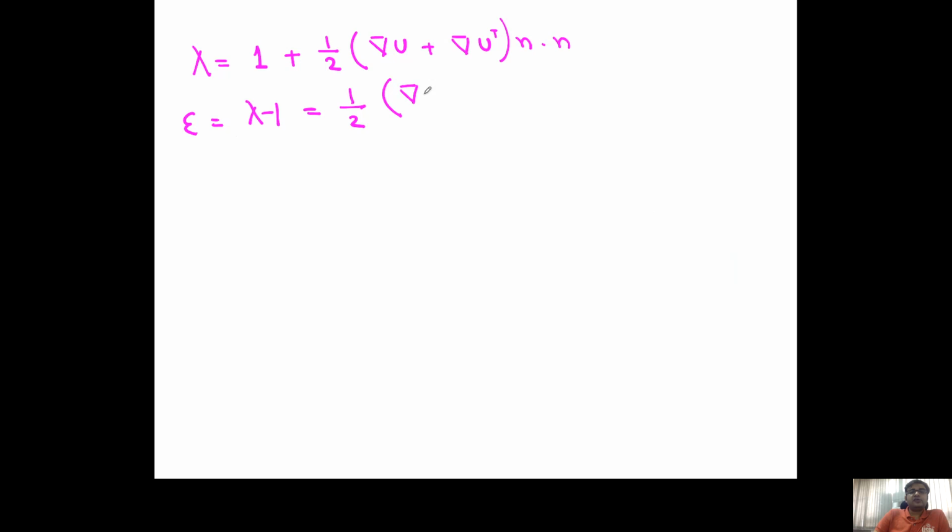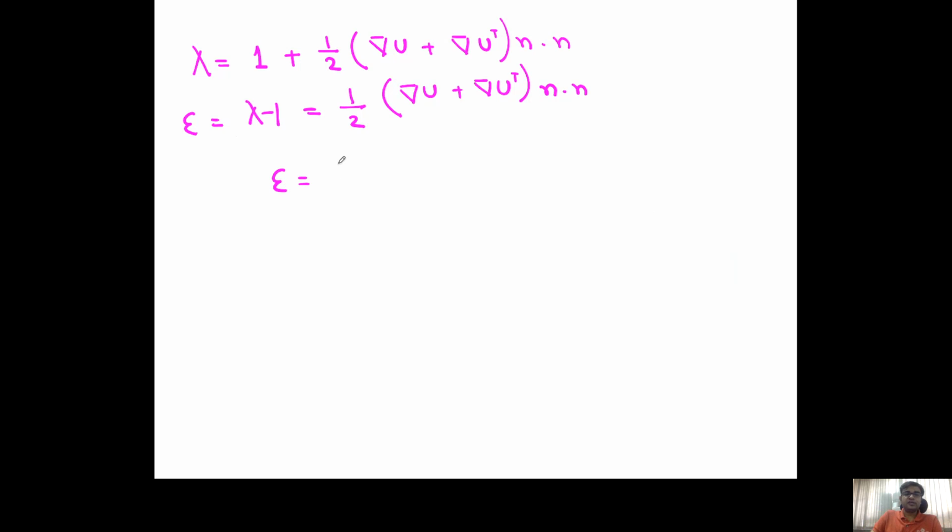What we have is lambda is equal to 1 plus half gradient of u plus gradient of u transpose n dot n, right? Which means epsilon, which is lambda minus 1, is half gradient of u plus gradient of u transpose n dot n, and this is your final result.